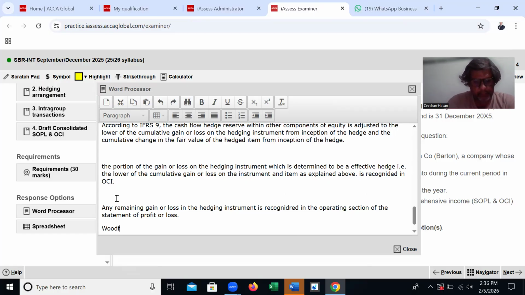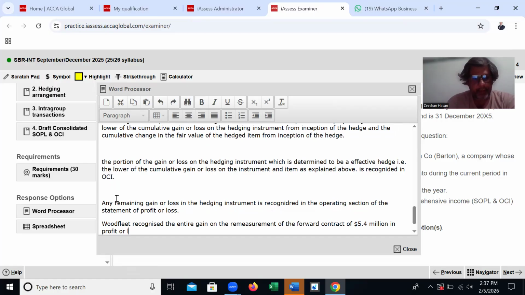The entire gain on the remeasurement of $5.4 million was recognized in profit or loss.